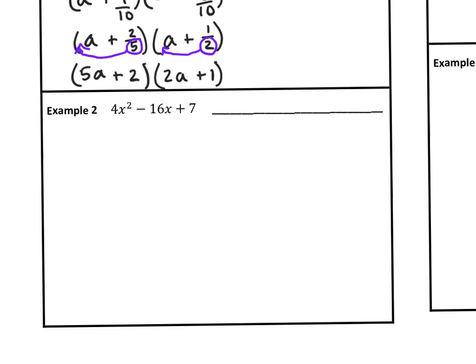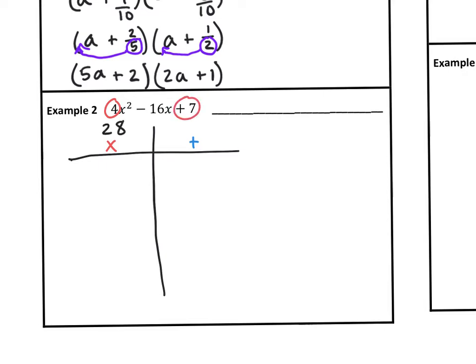We're going to set up our table. Multiply, add. We want to multiply 4 times 7. That gives me 28.